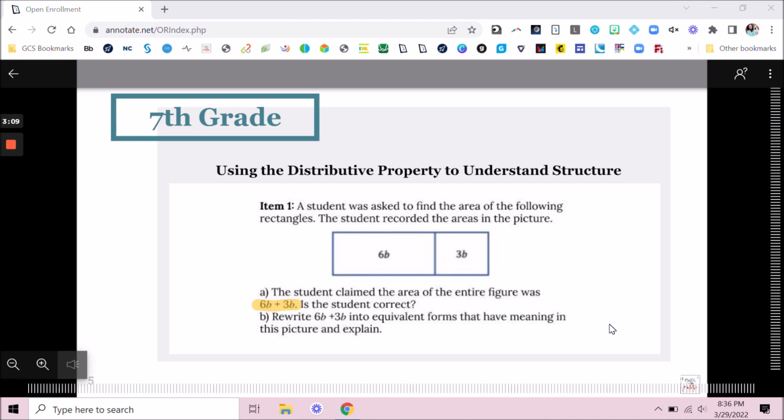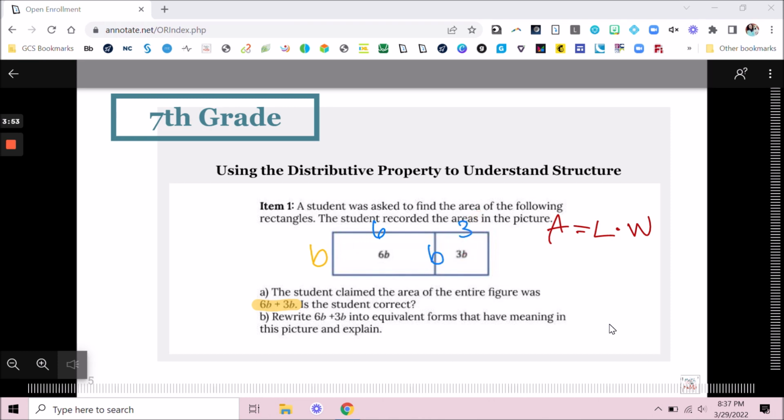Based on what we know, that the area of a rectangle is equal to its length times its width, what both of these rectangles have in common is what I'm going to call the length. So what these 2 rectangles have in common would have to be that b, which means that the width of the larger rectangle is 6, and the width of the smaller rectangle is 3, because length times width, 6 times b is 6b, and 3 times b is 3b.